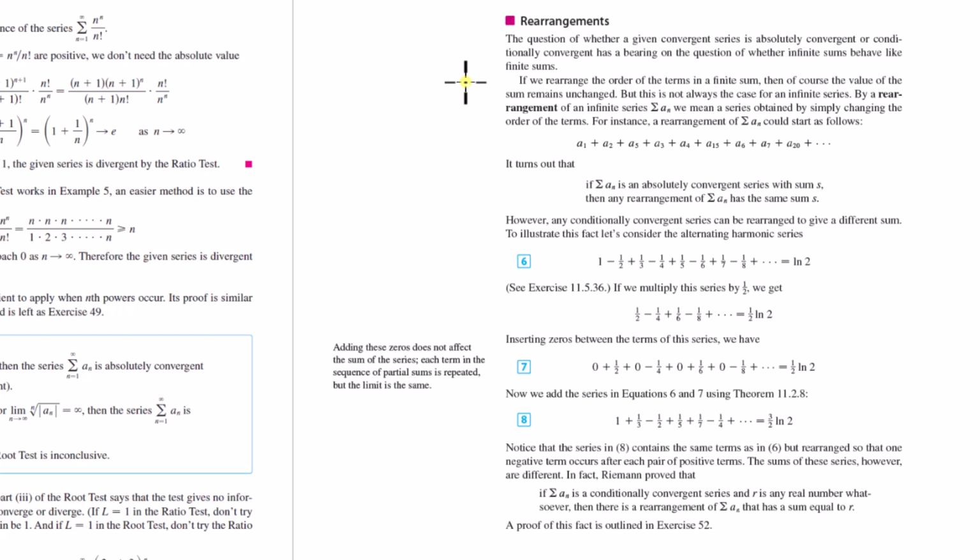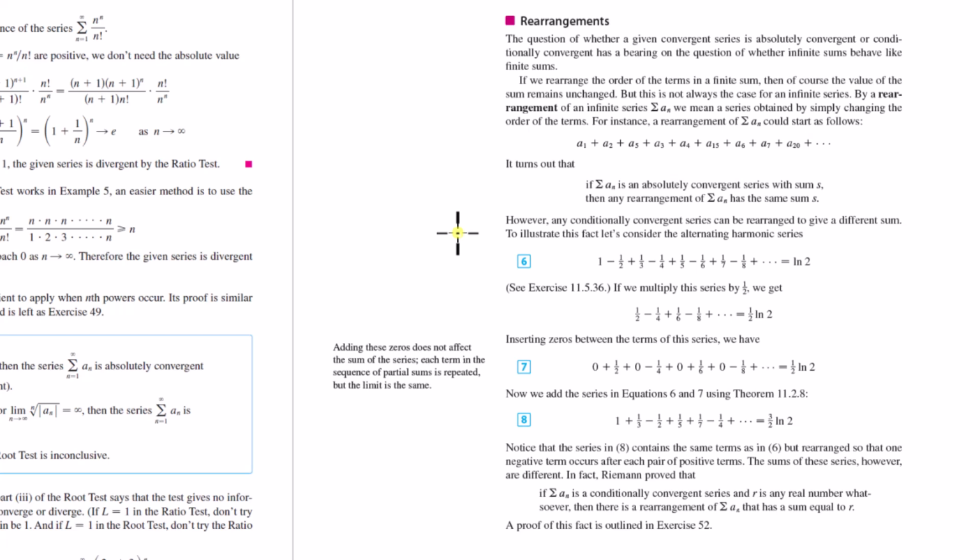All it's saying is that an infinite sum doesn't behave in all situations exactly like a finite sum. They talk about this from the perspective of rearrangements: with a finite sum, as you know, you can order the terms in any order you want and you get the same sum. But this isn't always the case with an infinite sum. If you have an infinite sum that's absolutely convergent, then that's the case. But if it's conditionally convergent, then that's not the case.